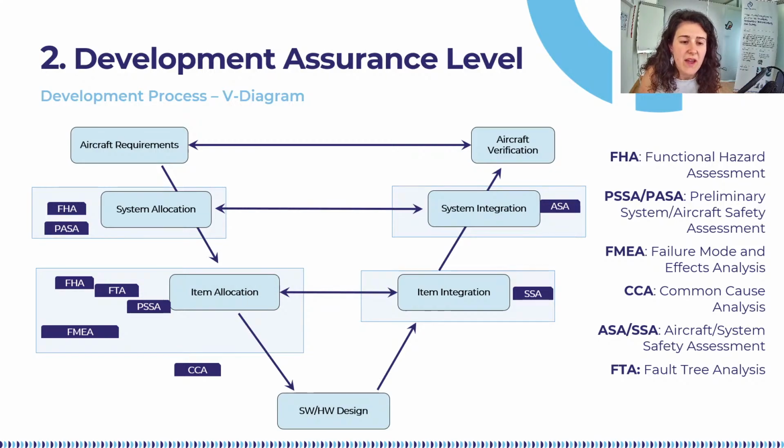There is where we have to assign the FDAL and IDAL. It's better to do it in an early stage of your product, because then you will have the requirements set and it will be easier in the future for the development. On the right-hand side, during the integration, is where you are going to validate all these requirements.